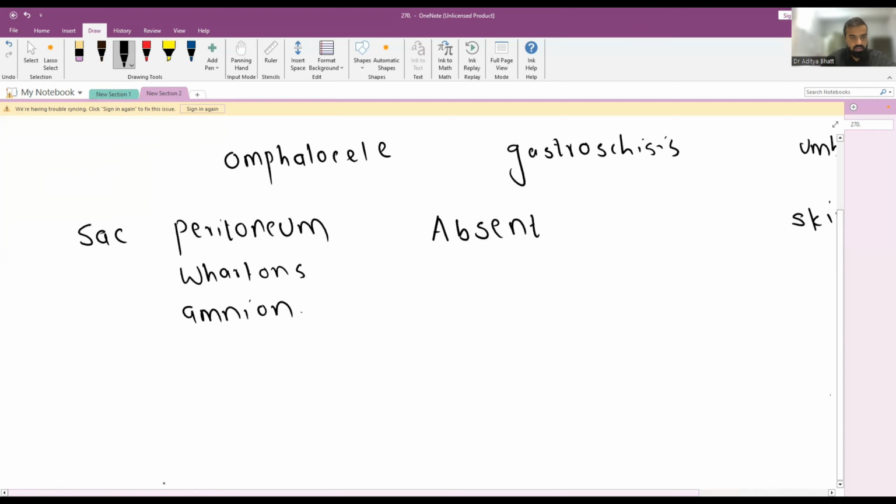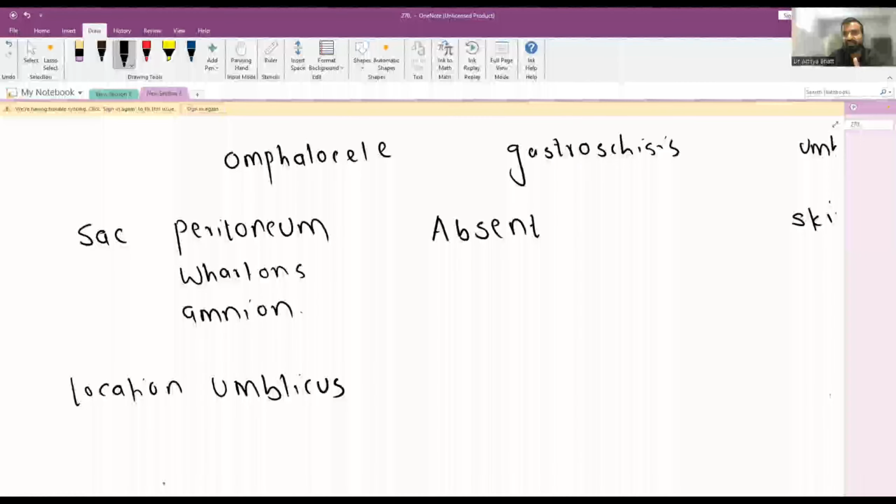Now, the location of the defect is very important. In omphalocele, the location is the umbilicus, the primary area, because of the failure of the abdominal closure. You usually see the bulging or outpouching from the umbilical region, where the gut failed to return.